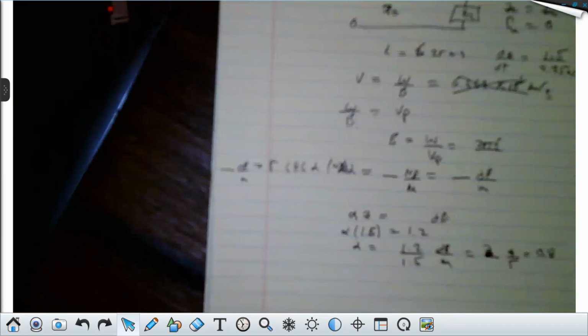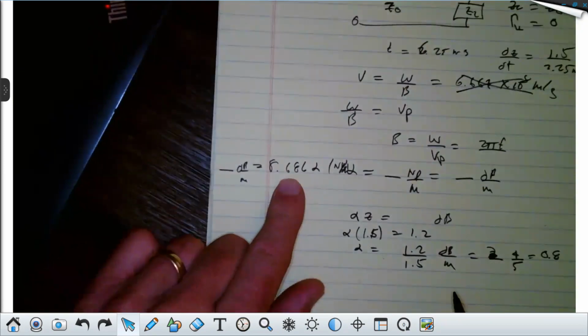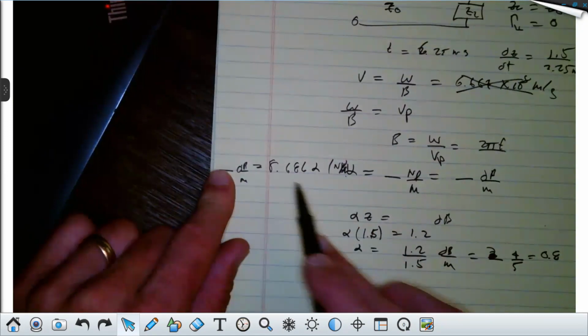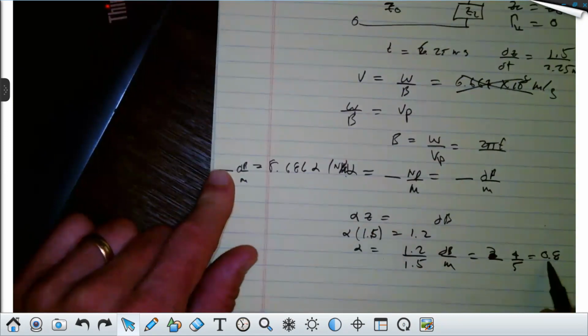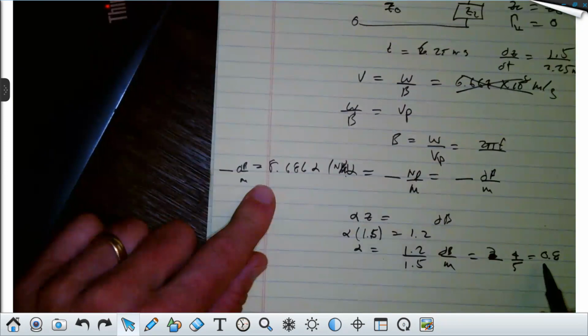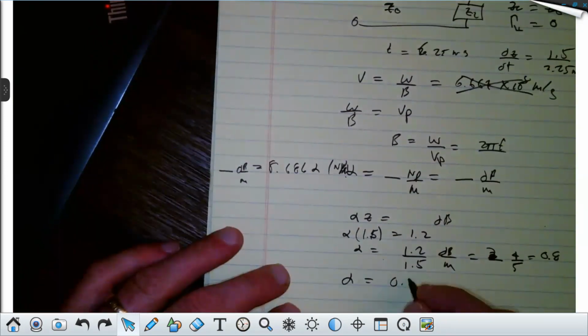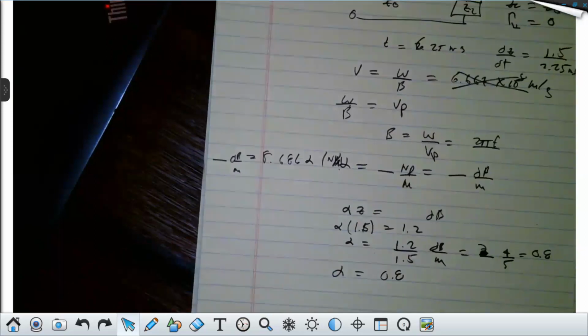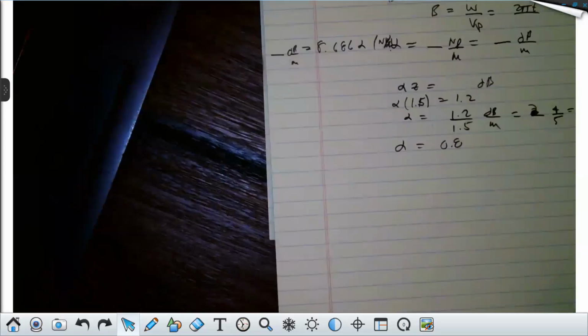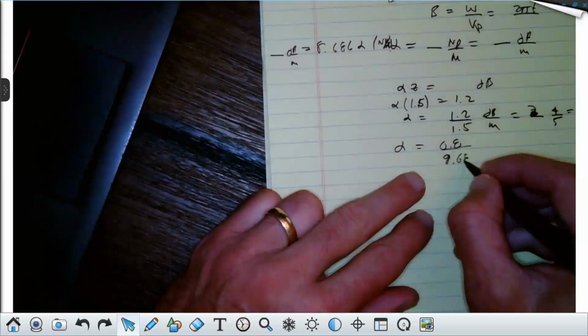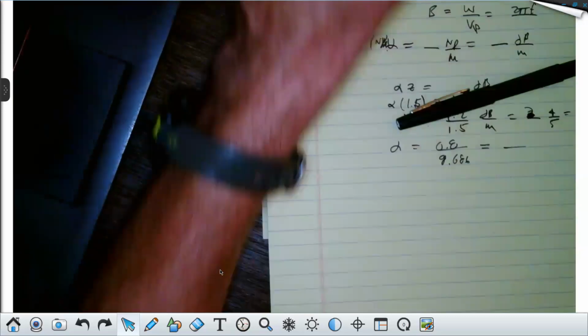All right, so we've got dB per meter, and we want alpha in Nepers per meter. We have to divide this 0.8 by 8.686. So alpha is 0.8 divided by 8.686. And what is that going to end up being?